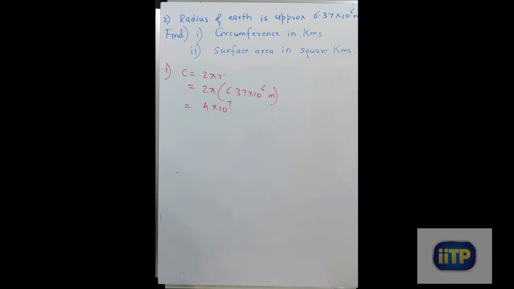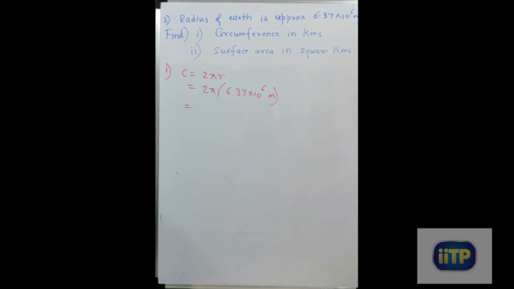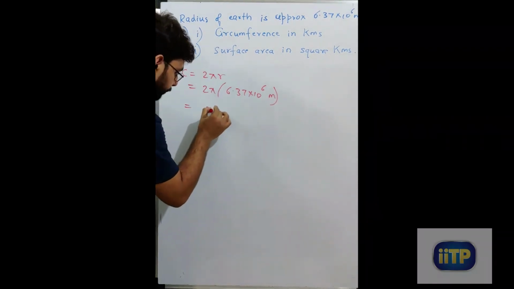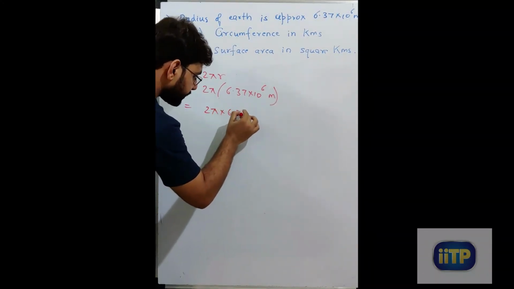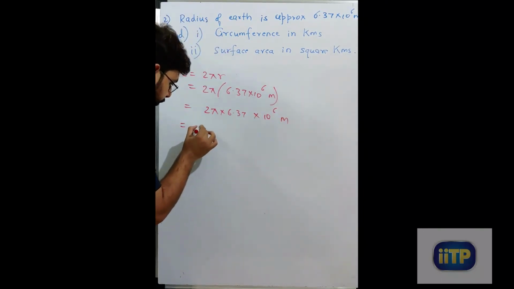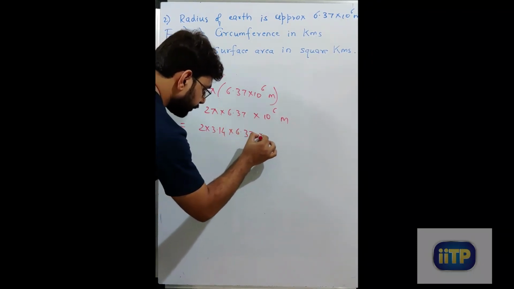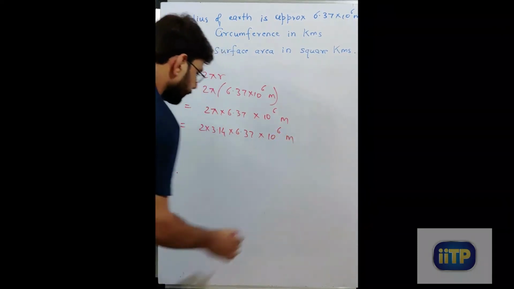So we have to find the answer in kilometers, right? So let us do it in this way. Now this is 2 pi into 6.37 into 10 raised to 6 meter. So what is this? 2 into 3.14 into 6.37 into 10 raised to 6 meter.